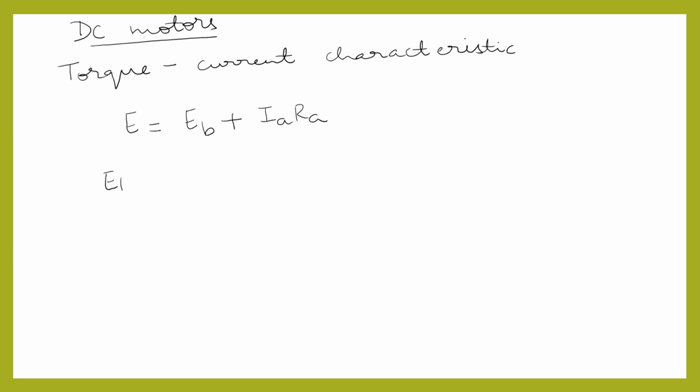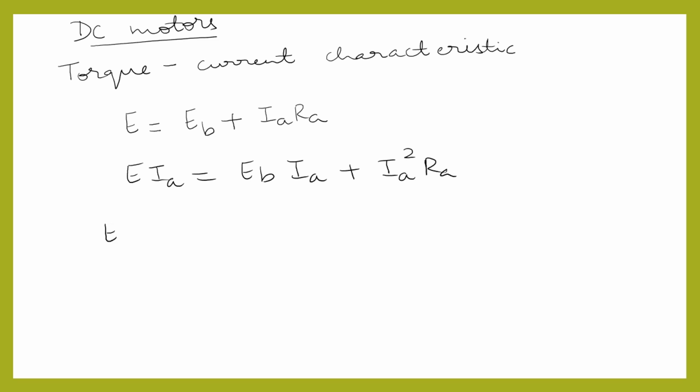Multiplying by the term Ia will give us the equation EIa equal to EbIa plus Ia square Ra.